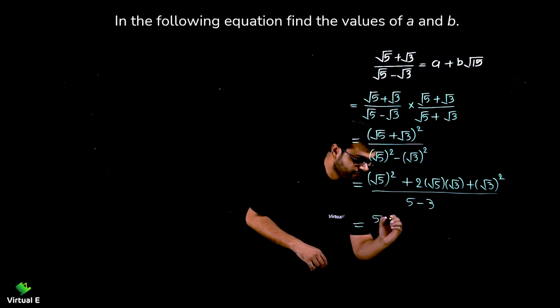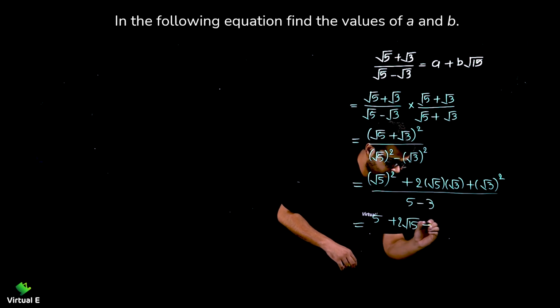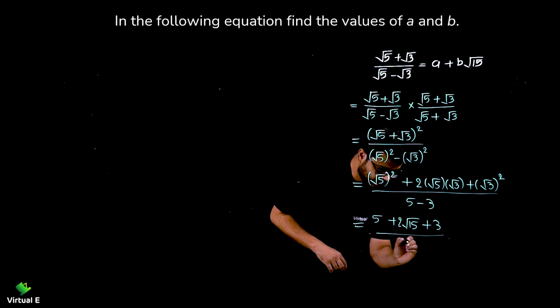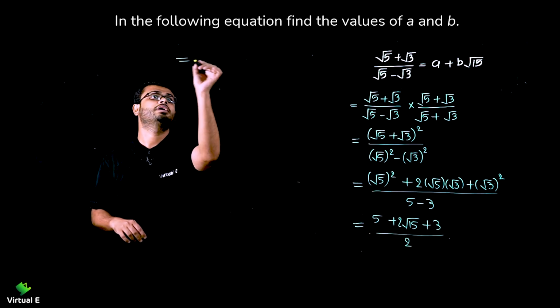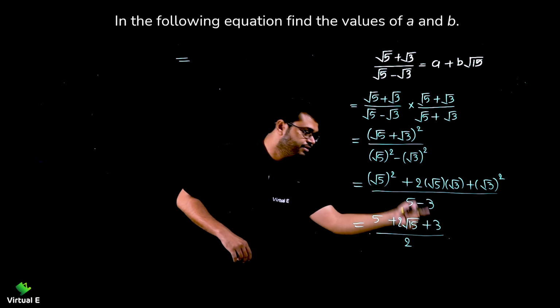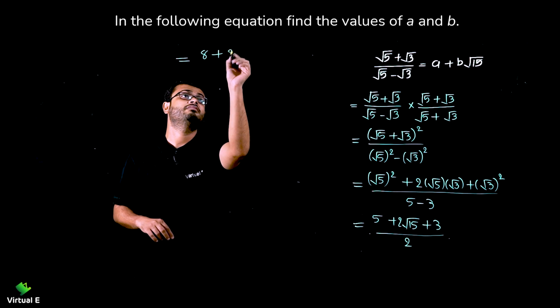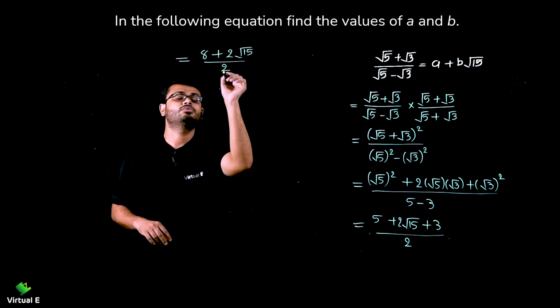Here we have 5 plus 2 root 15 plus 3 only, and in the denominator we have 2. Let's simplify further. Here 5 and 3 make 8, plus 2 root 15, and denominator 2 over here.